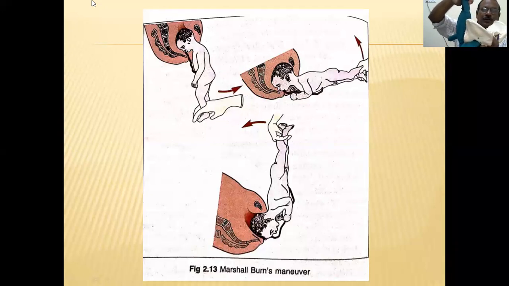The head should not come out suddenly, because a sudden jerk in delivery of the head will cause intratentorial tear and intracranial hemorrhage, which may cause neonatal death. So you must be very careful in delivering the aftercoming head in breech presentation.